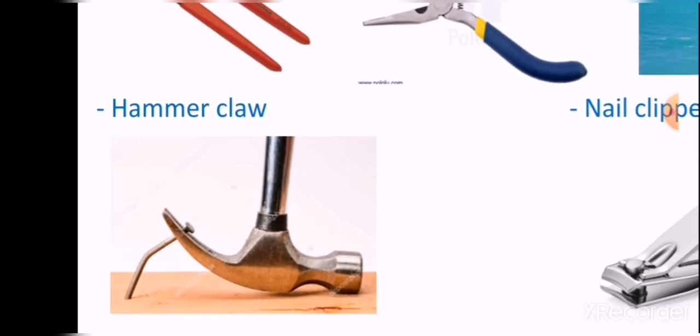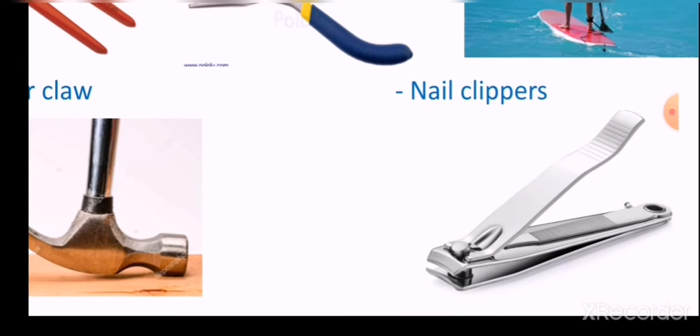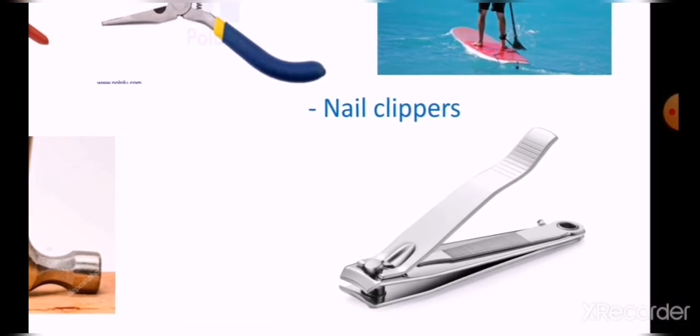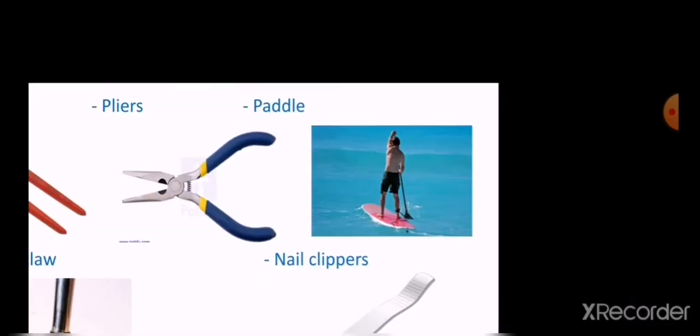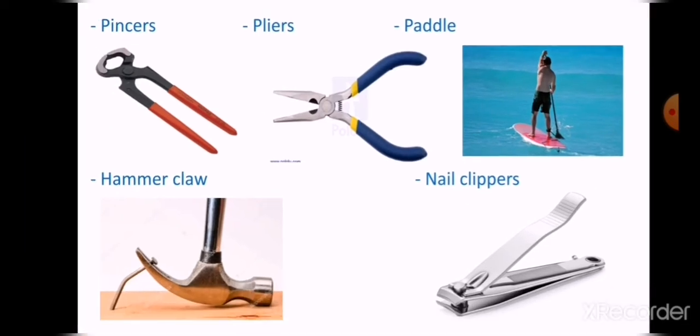Hammer claw also is first class lever because the fulcrum is between the resistance force and the effort force. And also like nail clippers. Nail clippers are first class lever. Okay, all of these are examples of first class lever.